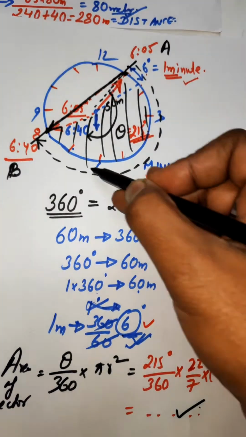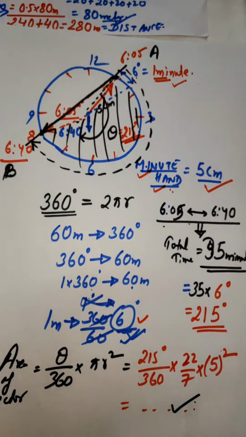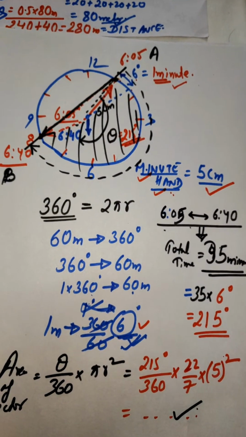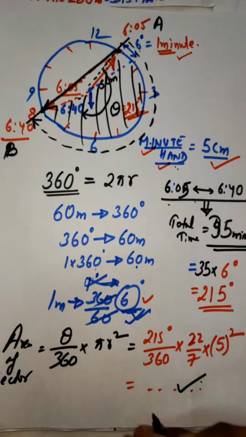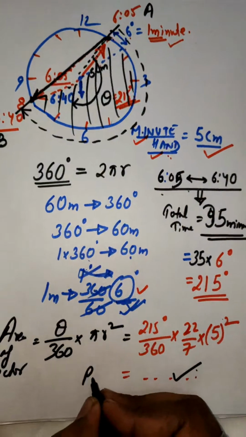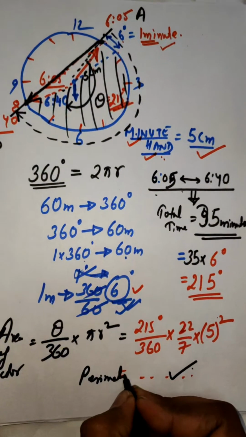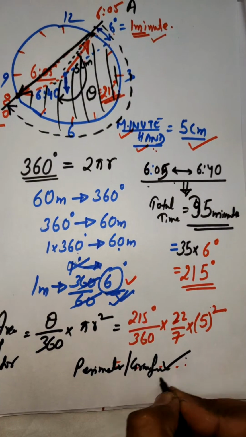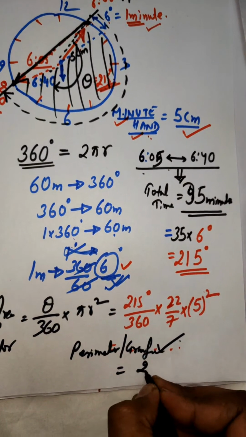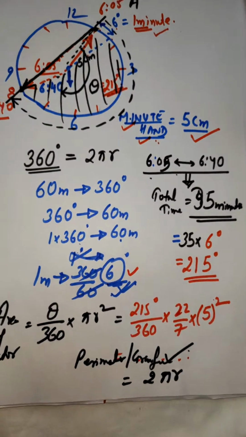So what you will do, you know that if this is the circle, what is the perimeter? Perimeter or circumference is equal to 2 pi r, right?